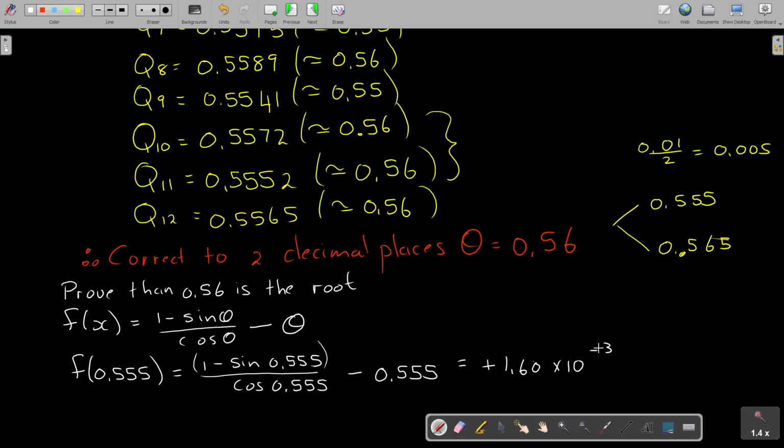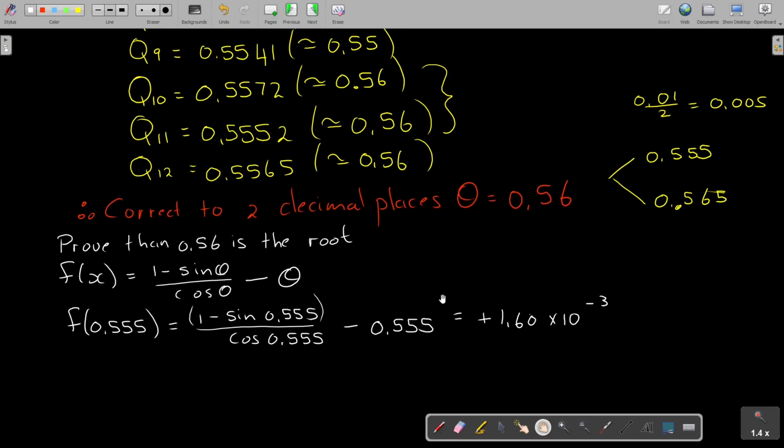Okay, then I'm going to check my other one, so now I'm going to check 0.565.